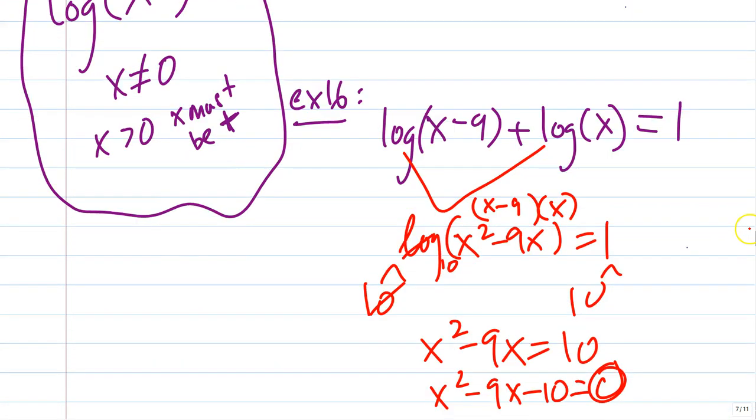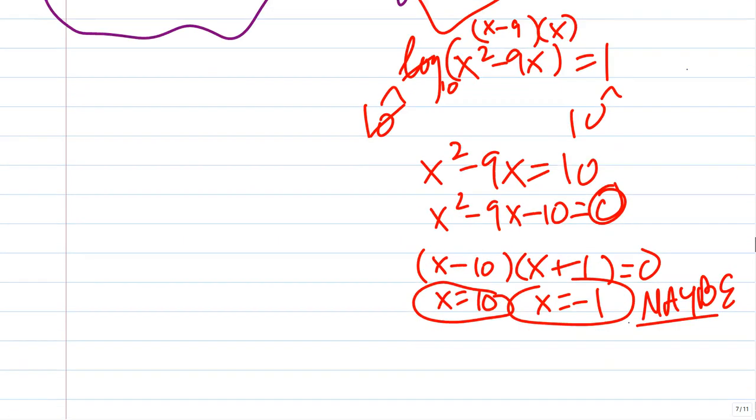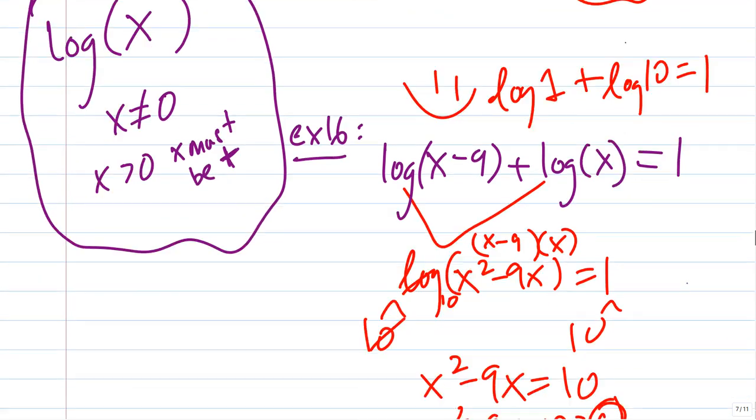If I plug in a 10, 10 minus 9, I end up with log of 1 plus log of 10 equals 1. Those are both positive. I don't even have to type that in. That one's okay. What was our next one? A negative. Hopefully the negative's already making you scared. Negative 1.